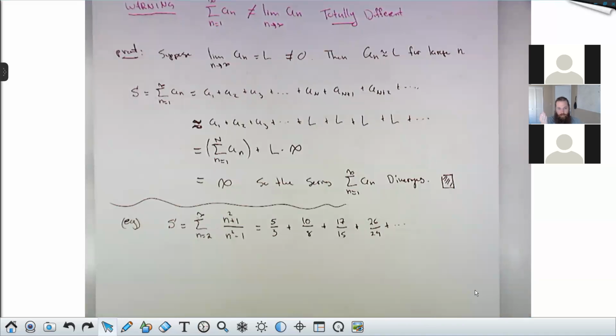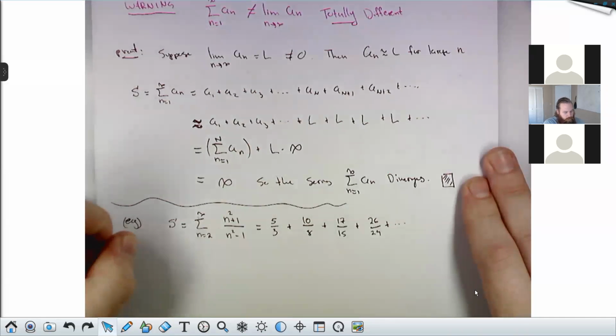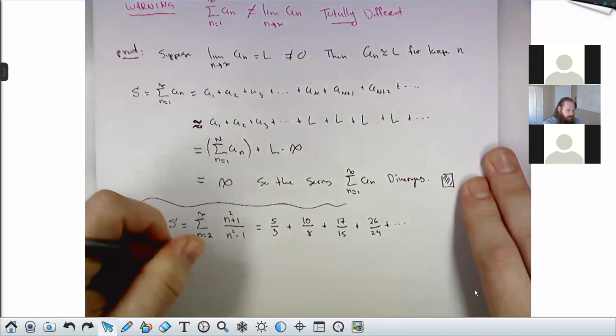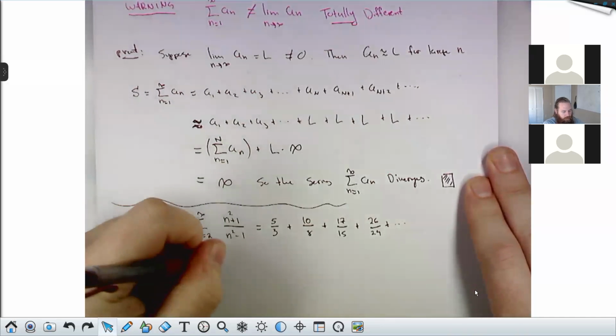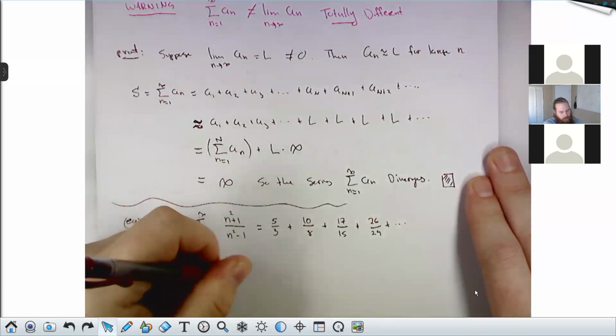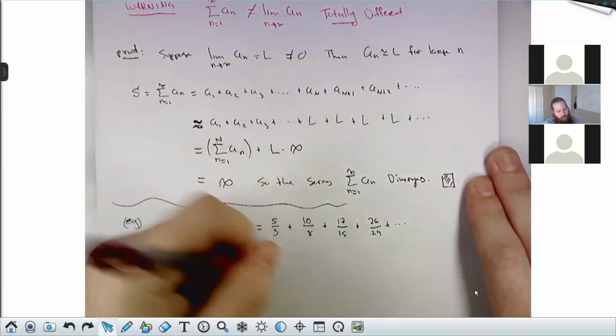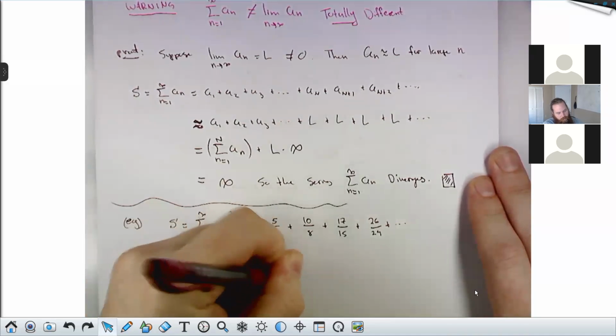At a glance, it's not obvious whether or not this series would converge or diverge. It certainly isn't geometric. This is not like some constant times some other constant to the n, so I can't use my result on geometric series. So instead, I should try the only other thing I have, which is the test for divergence, which remember says that if the limit as n goes to infinity of the ANs is not 0, then the series automatically diverges.